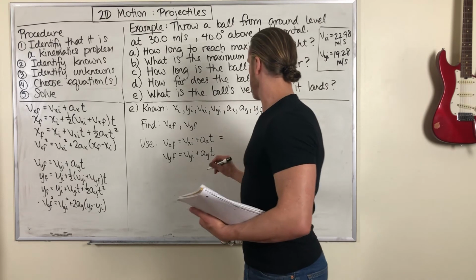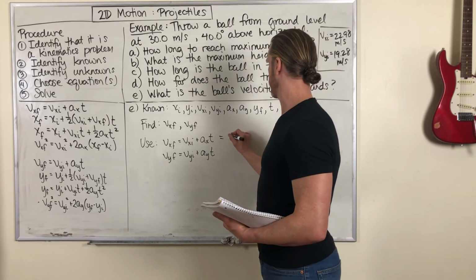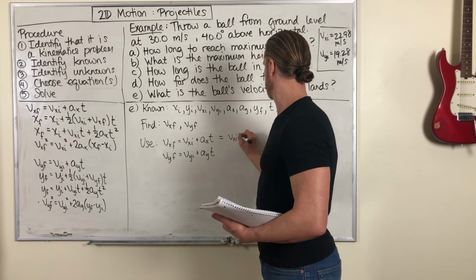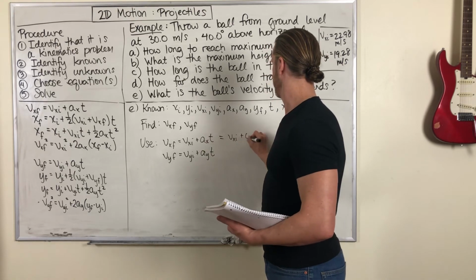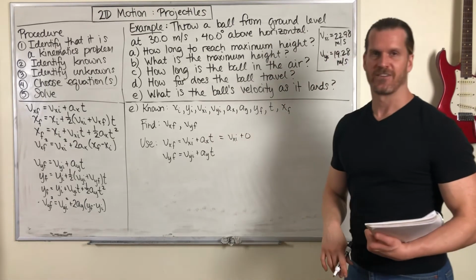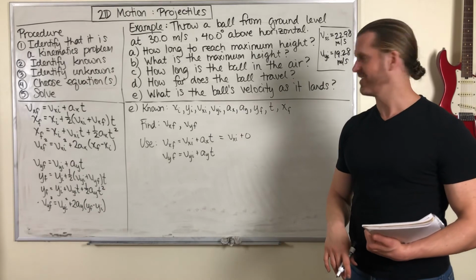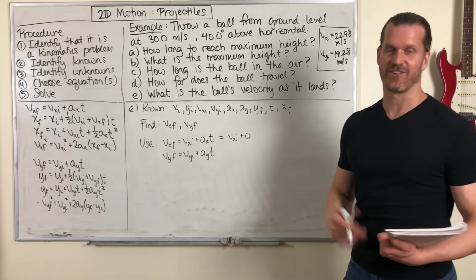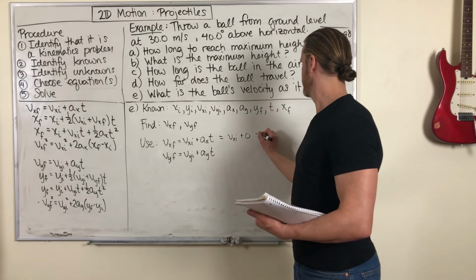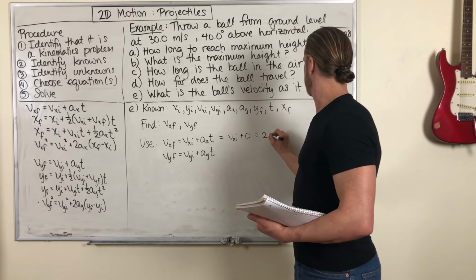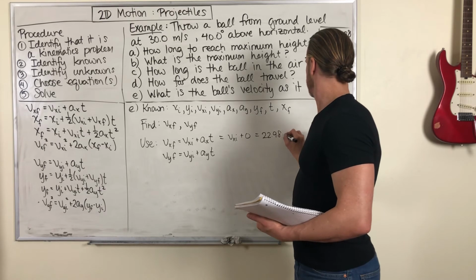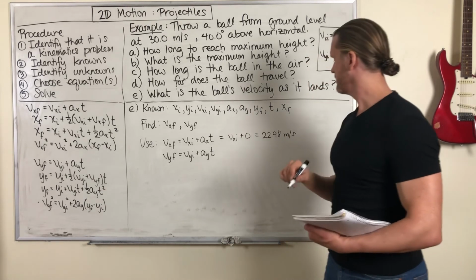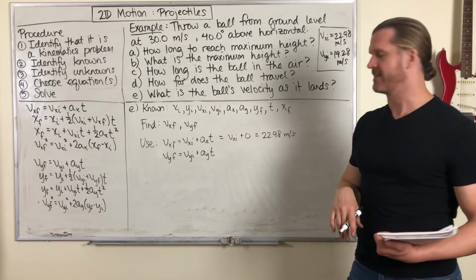So let's put in some values here. Vx final equals Vx initial plus 0, because Ax is 0. So we've just proven that Vx is constant the whole time. So 22.98 meters per second.